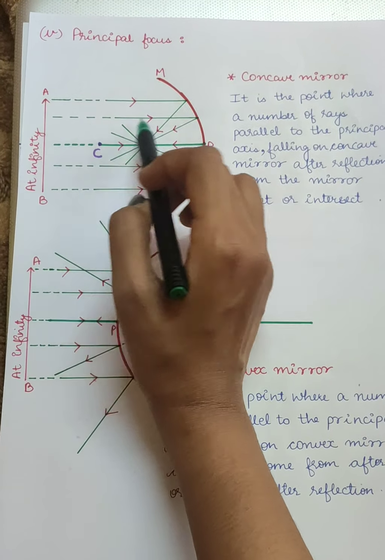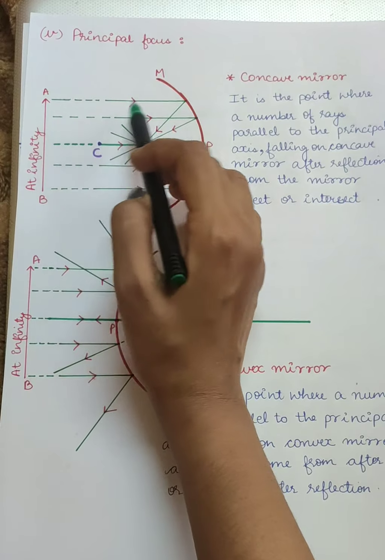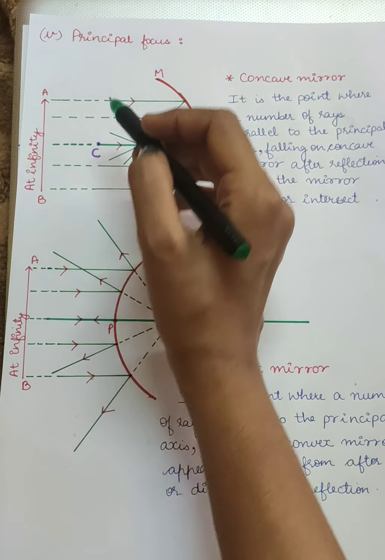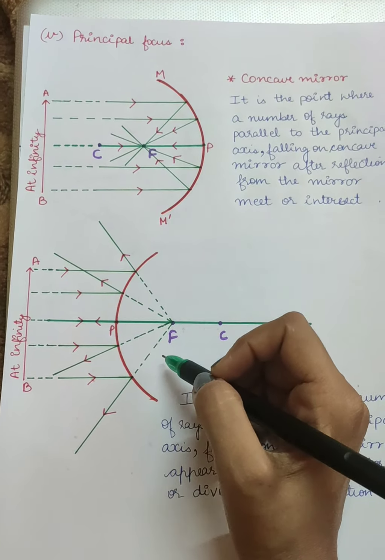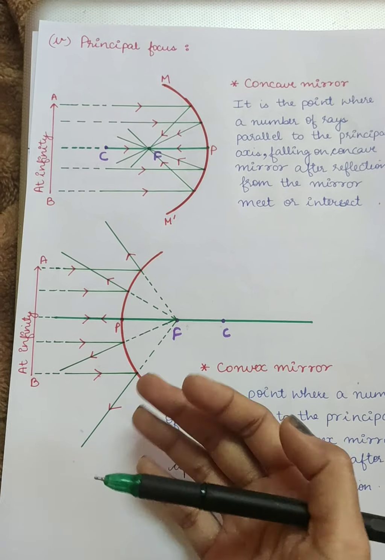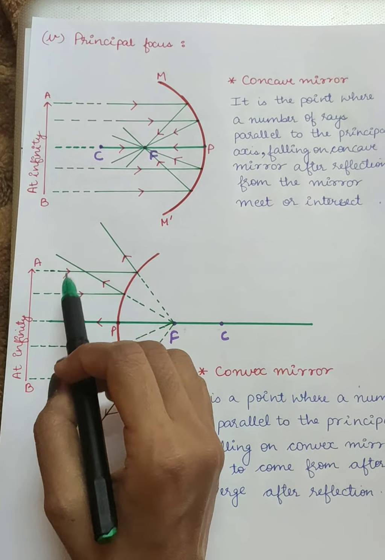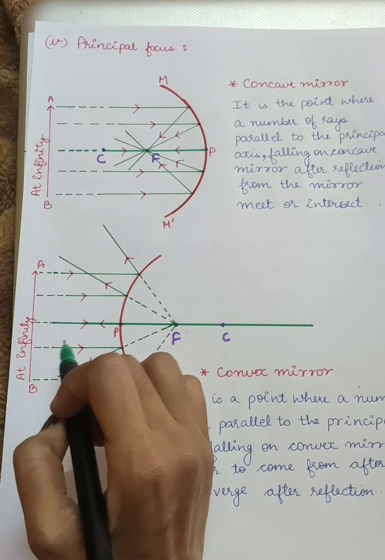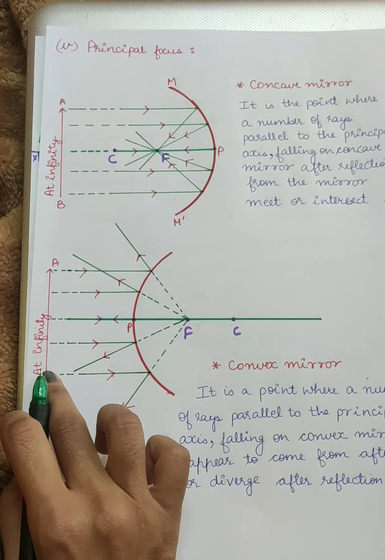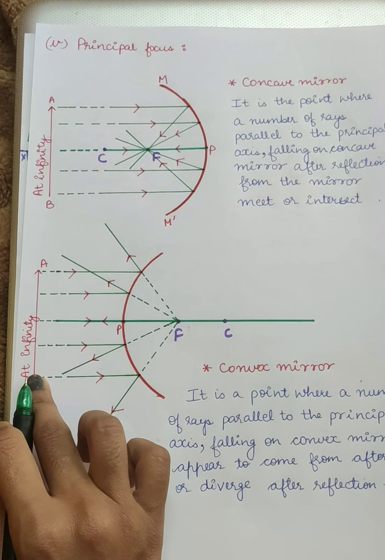You can see this ray is parallel to the principal axis, this ray is parallel to the principal axis, and they are parallel among each other also. Similarly, in case of your convex mirror, you can see that these rays are parallel to the principal axis since they are coming from an object which is lying at infinity.